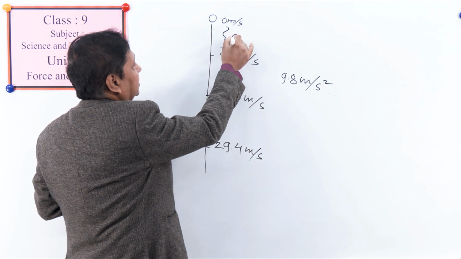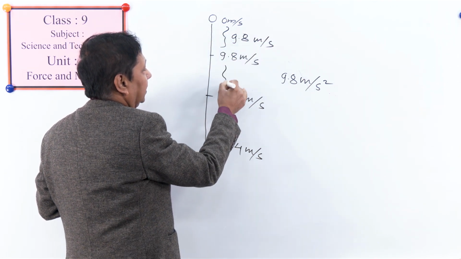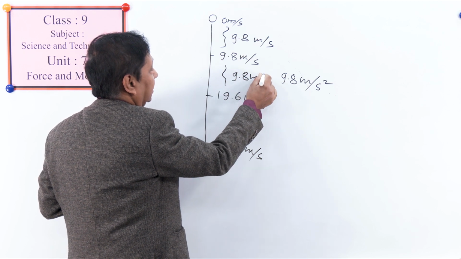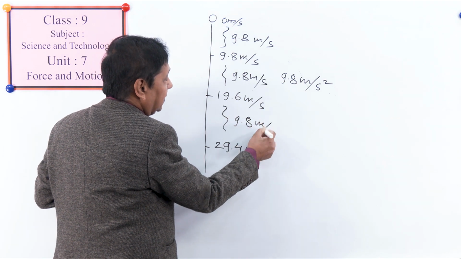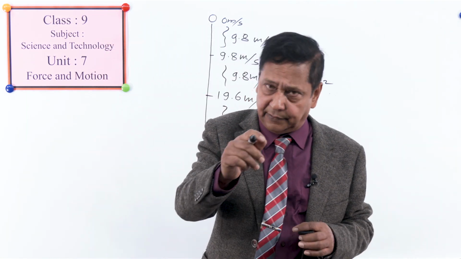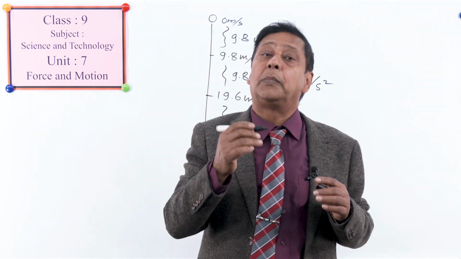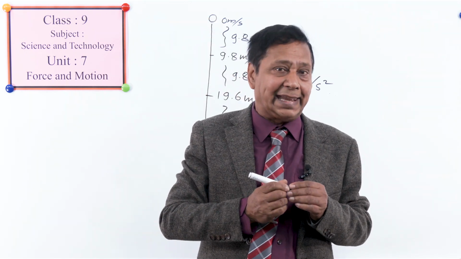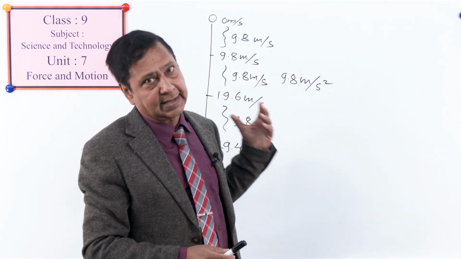Every second its velocity is increasing: 9.8 meter per second, here also 9.8 meter per second, here also 9.8 meter per second. The increment of velocity in every second is 9.8 meter per second, so the acceleration on the body will be 9.8 meter per second square. And this is the declaration of the scientists.